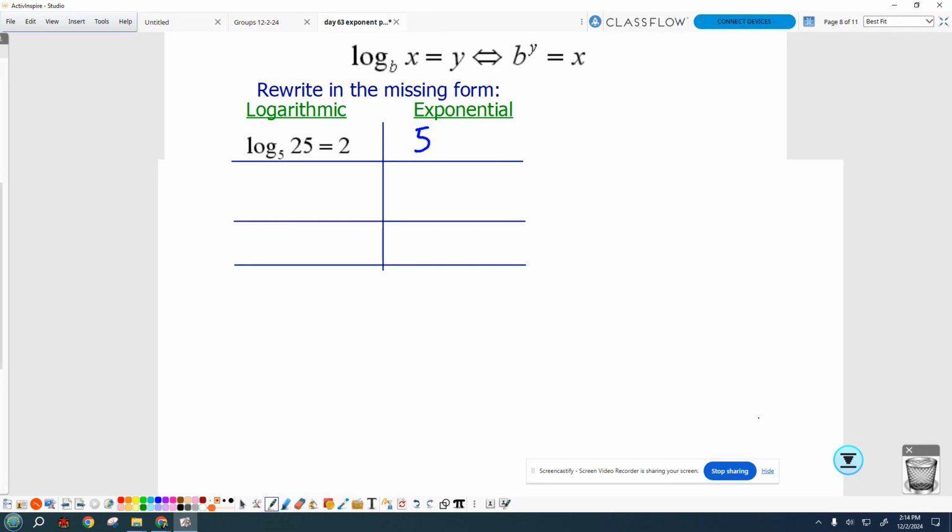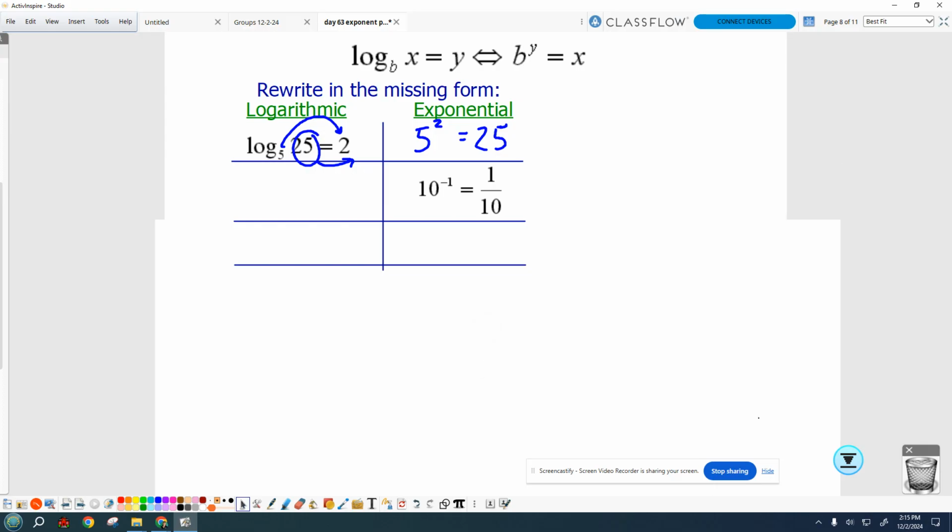These are still going to be right. Those of you who are struggling, please at least write this down. Base to the exponent equals the argument.